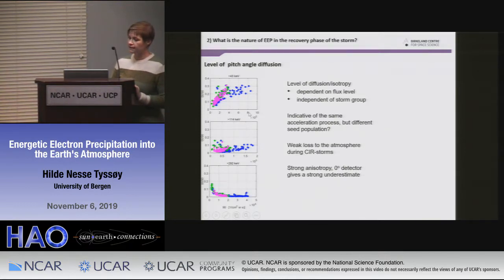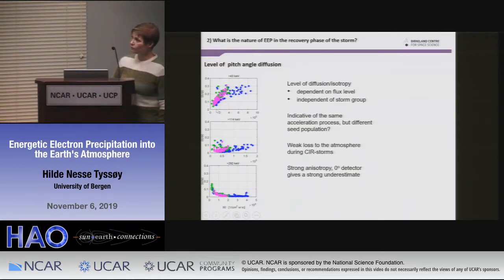So in that sense, we can use the 90 degree detector as something more representative for the trapped fluxes. So this will be more representative for how the radiation belt will grow or behave. Well, this is saying which fraction is being deposited into the atmosphere.